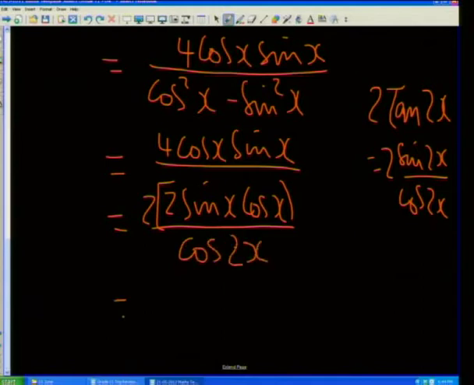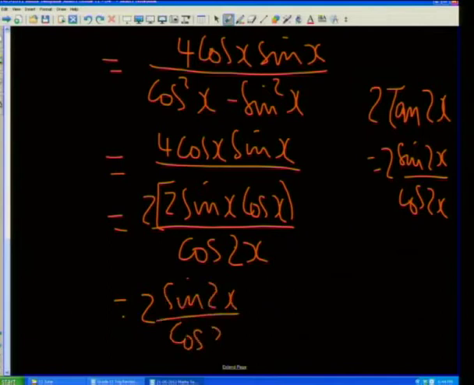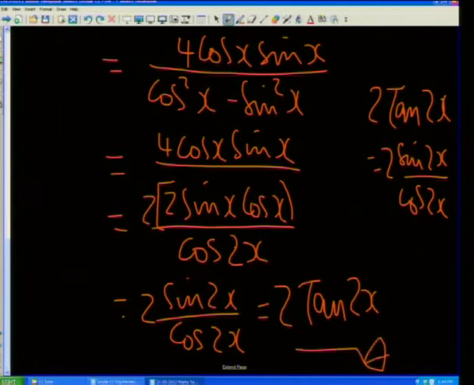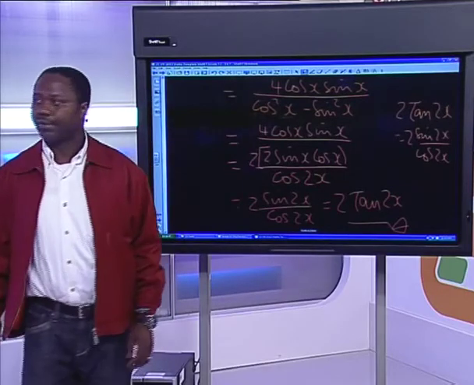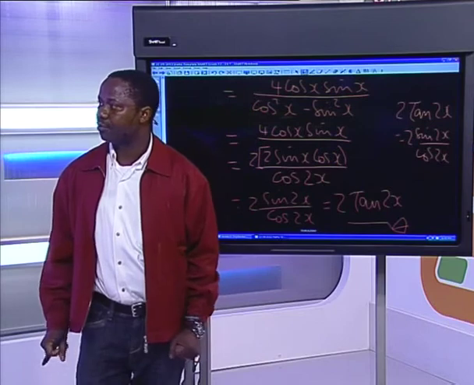So at the end, you've got 2 times sine 2x over cos 2x, which is 2 tan 2x. That wraps up the trigonometry part.